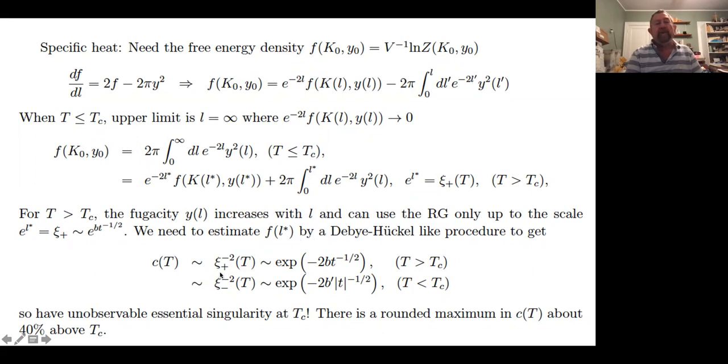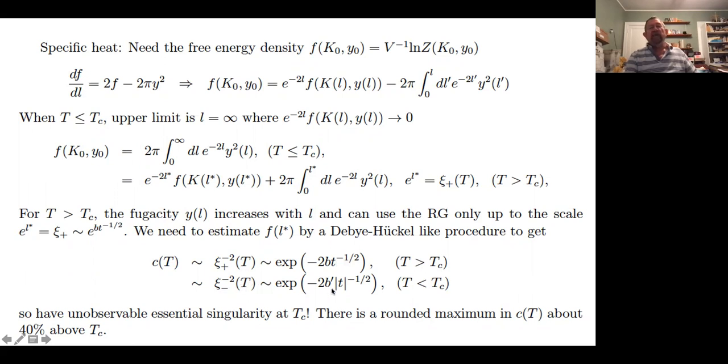behaves like 1 over the correlation length, 1 over the correlation length squared, above TC. And this behaves, of course, like e to the minus a constant times 1 over the square root of t minus TC.